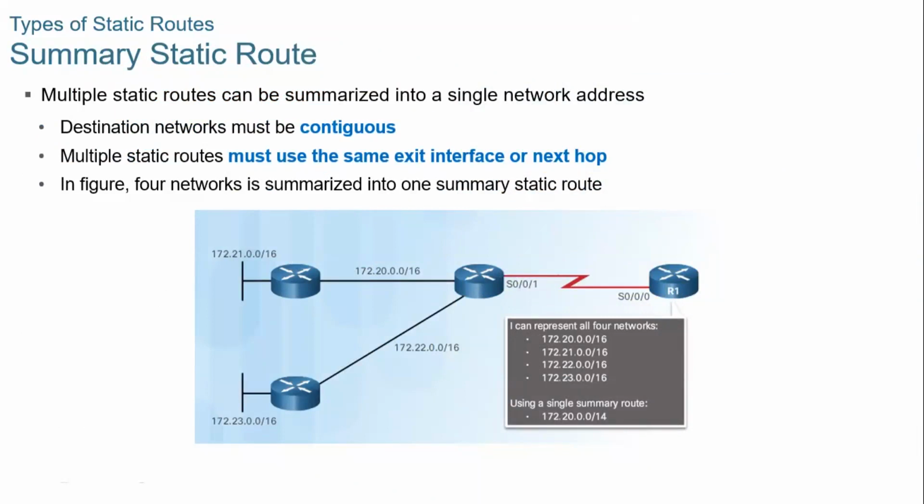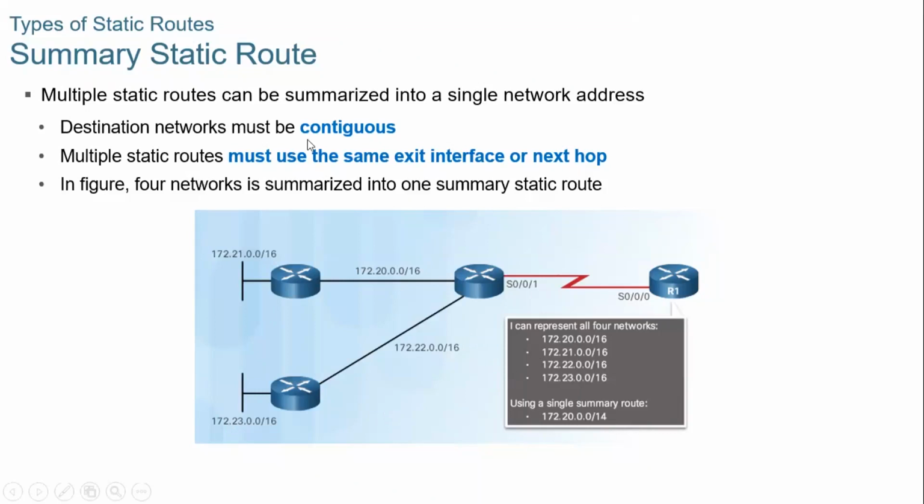What if we can summarize it and make it into 1 line? So these 4 can be summarized into just 1. And there will be only a single entry of the summary route in the routing table, making the routing table size smaller. But there are basic characteristics that you have to follow.